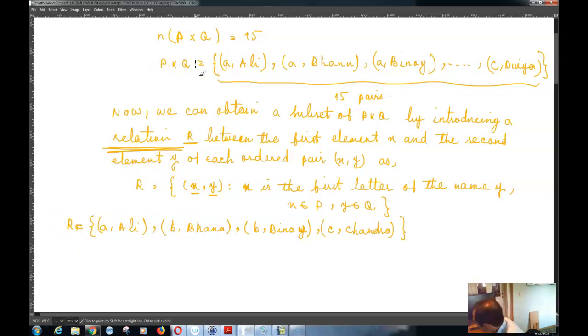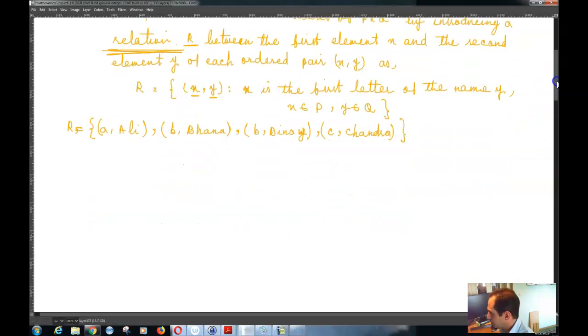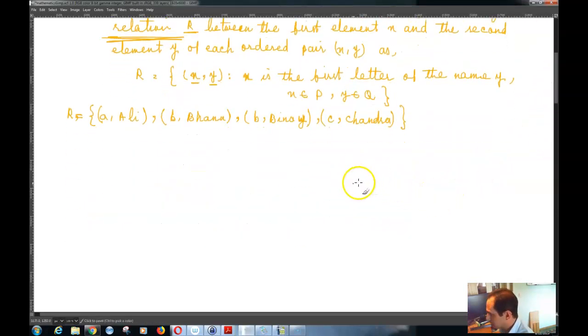Now a visual representation of this relation R, called an arrow diagram, is like this. So let's say that you have the set P, which has these elements A, B, and C, and then you have all of these names over here.